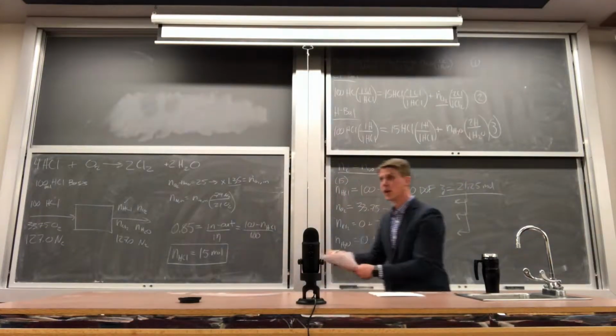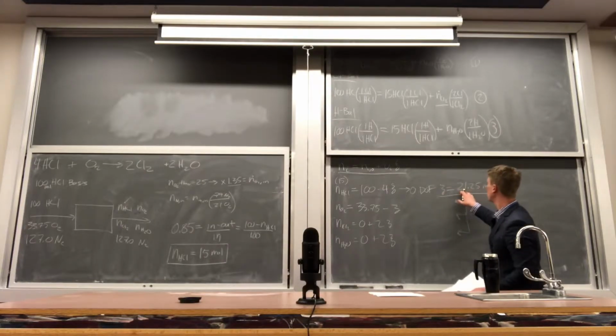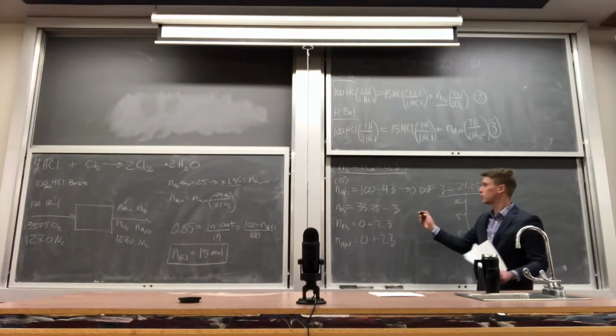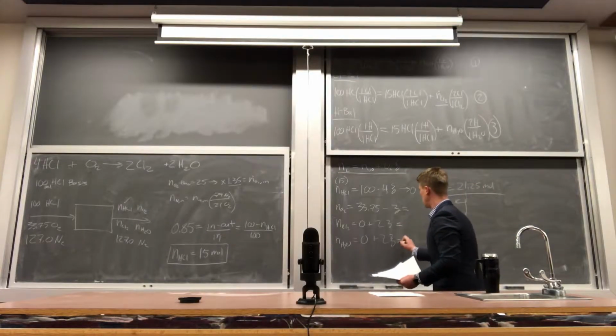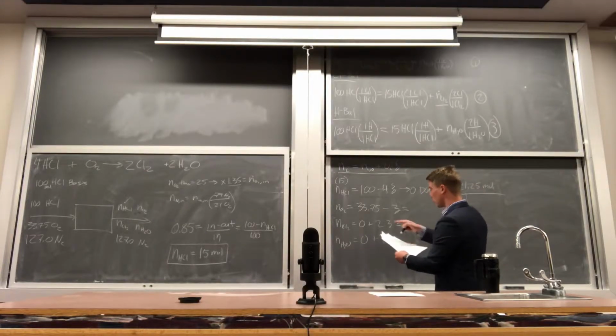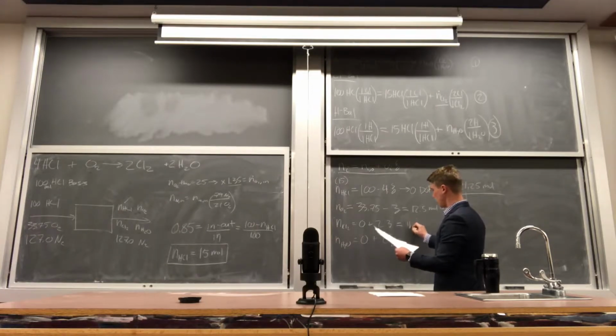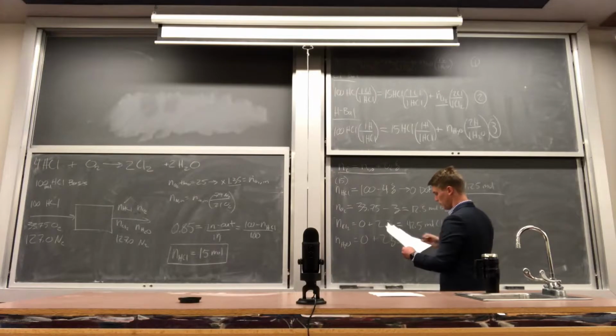So if we just substitute this number here, 21.25, into all of these expressions, we can solve for the answers. And these are all one equation, one unknown. So for oxygen, we get 12.5 moles of O2. For chlorine, we get 42.5 moles of Cl2.